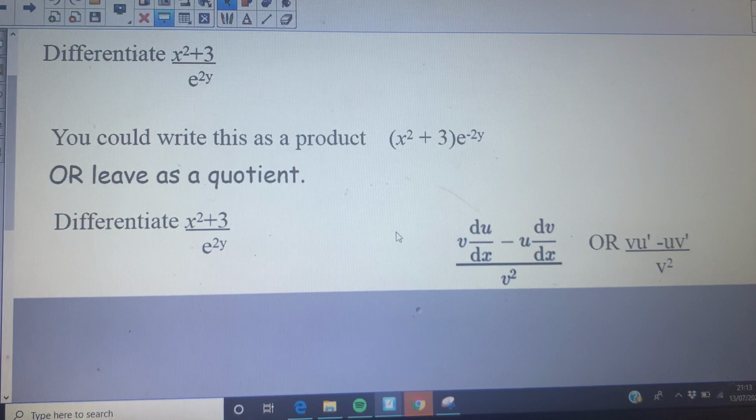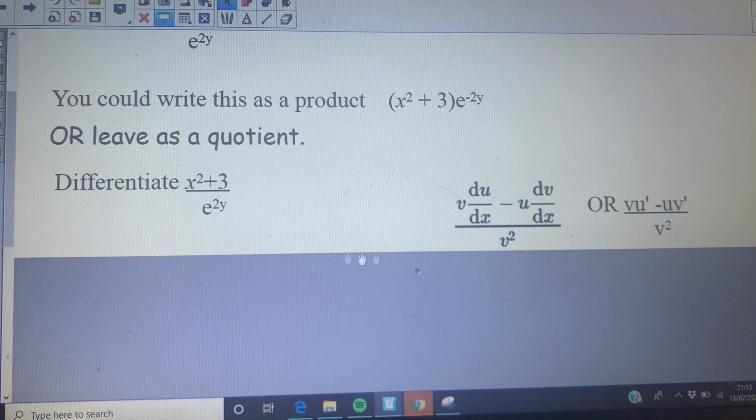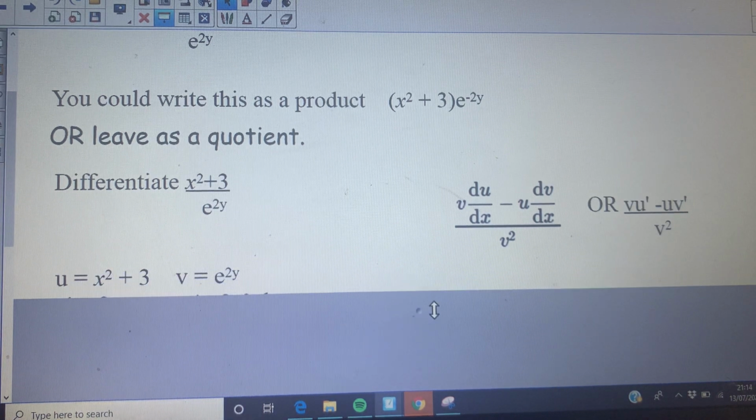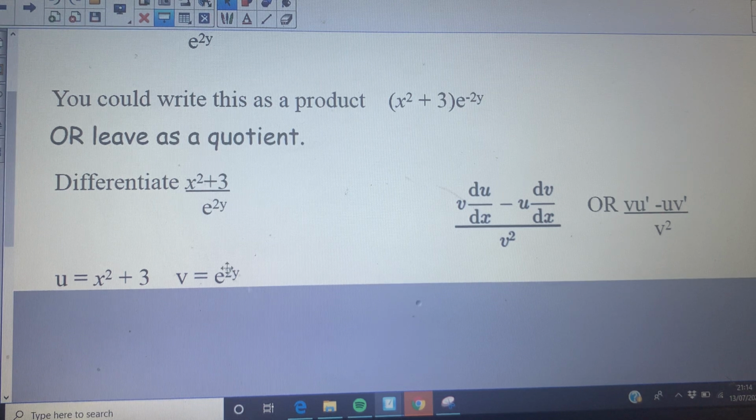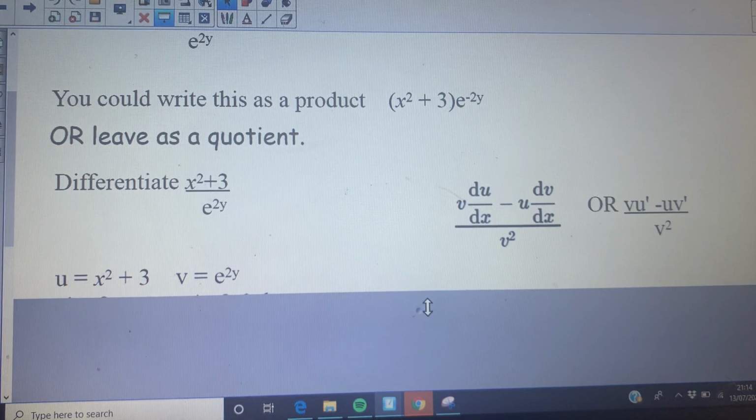Notice I'm not writing dy dx equals, because that's for differentiating an explicit function, and this is implicit. Either of these are great. Obviously, this is a little bit shorter, more shorthand to help you remember it. So I'm going to let u equal x squared plus 3, v equal e to the 2y.